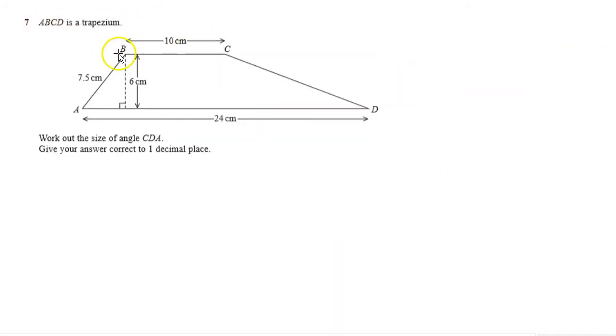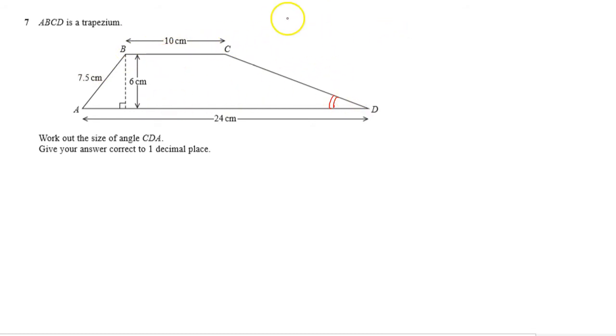ABCD is a trapezium. It means this is parallel to this. Work out the size of angle CDA. Find this.